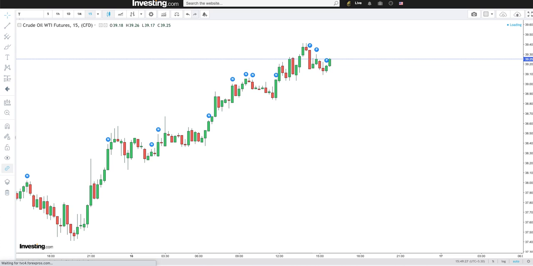Now many friends usually ask me why I track the international markets chart while there is an option to track crude oil from Zerodha, Upstox, all these platforms. Once again, kindly note, it is because the Indian market charts are not continuous.